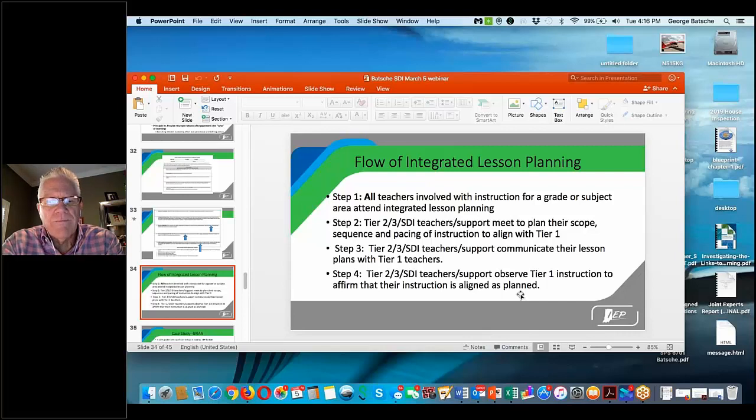So the flow of the lesson planning are these steps, and we don't have a lot of time to go into this, but I want to reiterate once again that the IEPRC has training, curricula, supports to put this model into an Indiana context. So for more support, contact Jolly Pearsall and her amazing crew to help and get support.